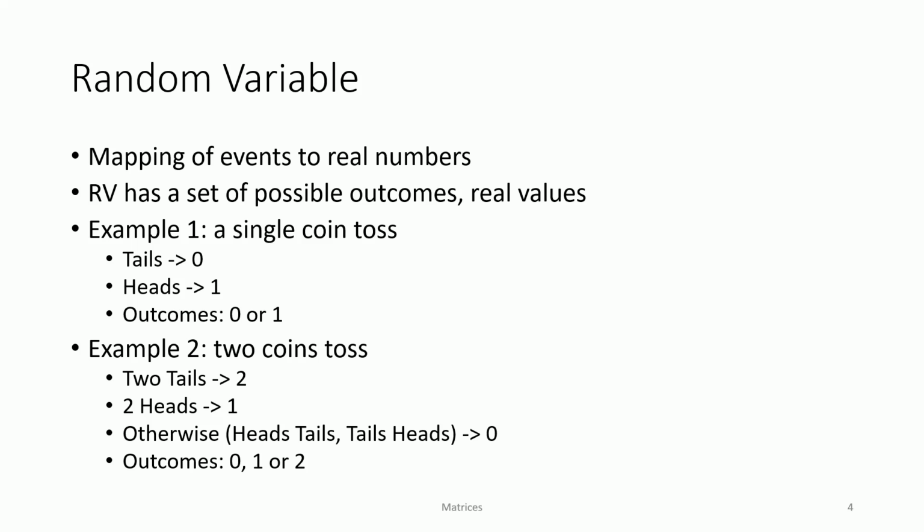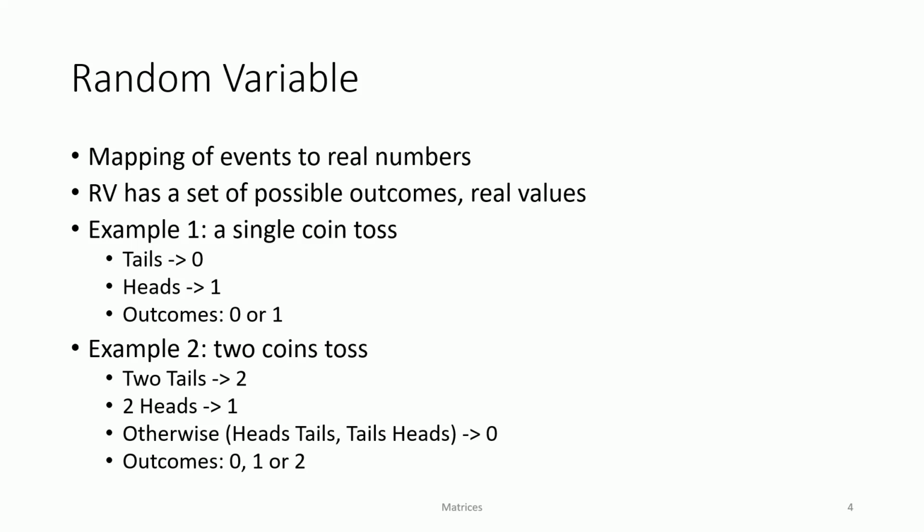So in this case we are saying for instance that 2 tails are mapped to 2, and if it was 2 heads it would have been 1, and otherwise, which means heads tails or tails heads, it's 0. And as you can see with coins, we certainly see 4 possible combinations: tails tails, heads heads, heads tails, tails heads. But here we're mapping them only to 3 real numbers, 3 possible outcomes.